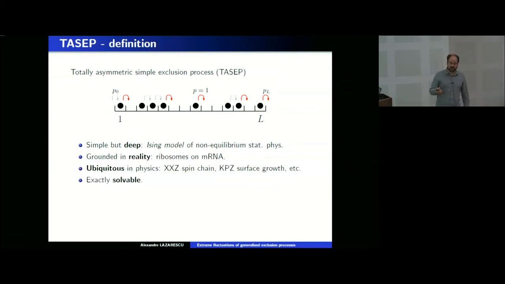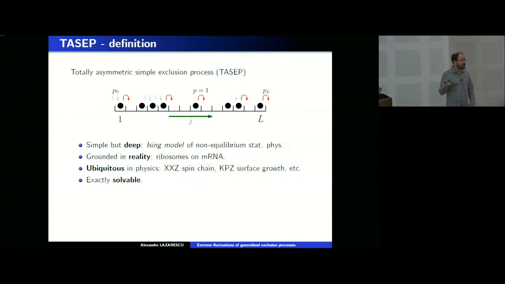And last but not least, it happens to be exactly solvable. That is a blessing and a curse. This means that on that model there are very elaborate analytical techniques that allow you to get very precise, exact results. It also means that a large part of those techniques are not transposable to any model. But we will see that there is still hope.